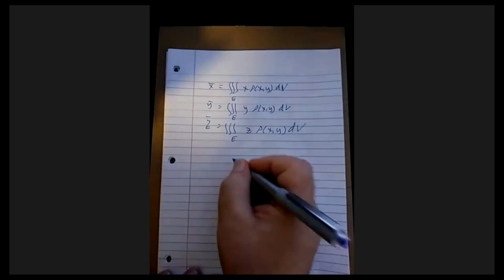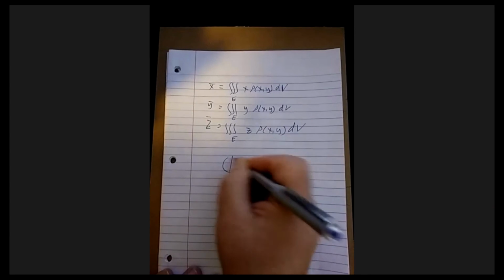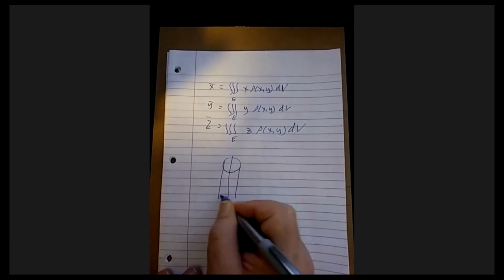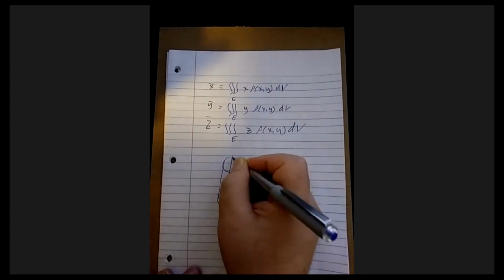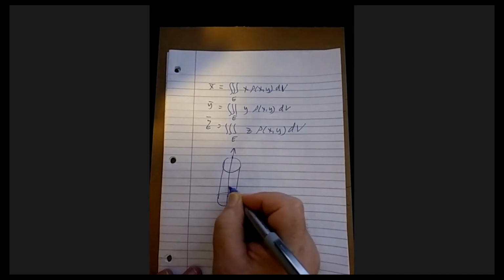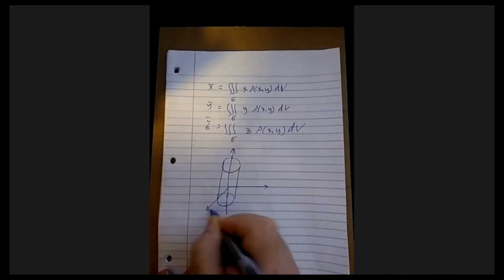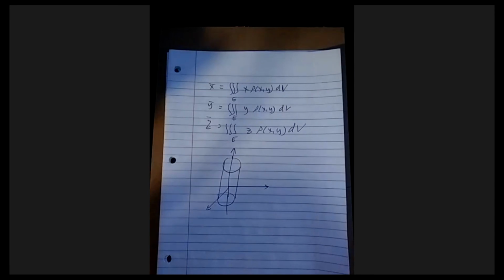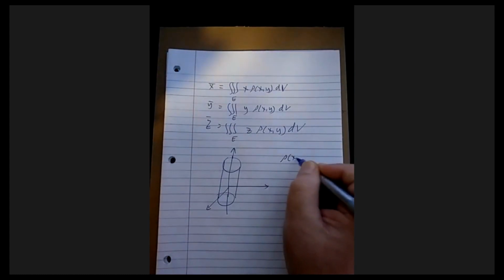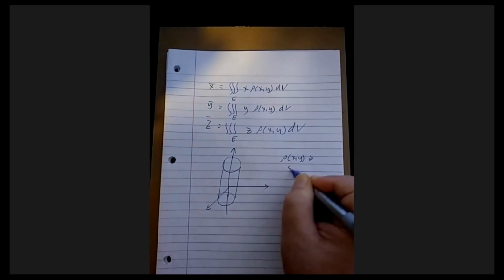So what's the little trick of the trade? Symmetry can be your friend here. Right. So if you get a shape, and let's say the shape ends up being a cylinder in 3D, right, 3 dimensions. If there is any symmetry in the shape and the density function is symmetric.